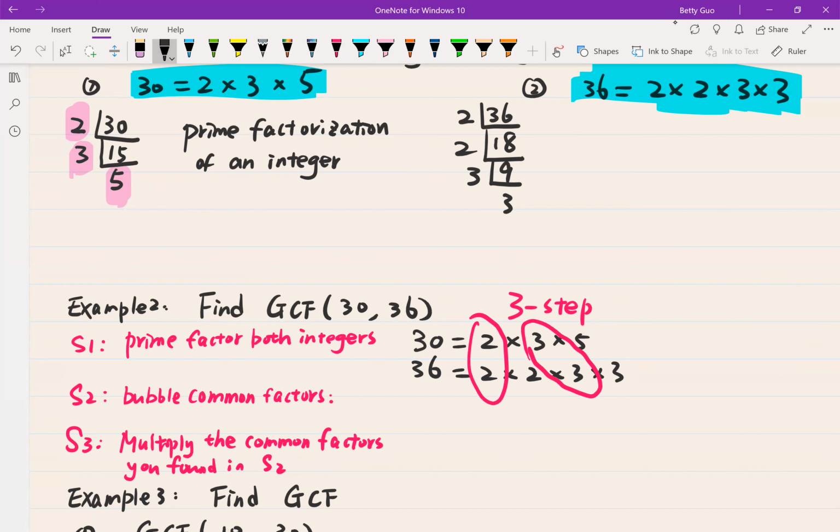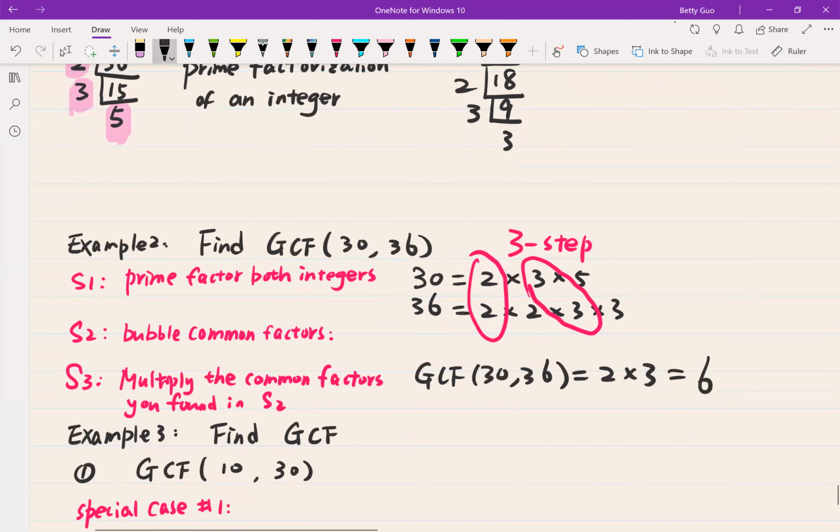So you can make a conclusion. GCF of 30 and 36 equals 2 times 3. 2 is in the first bubble. 3 is in the second bubble, right? Those are the two common factors you found for the two integers, 30 and 36. You multiply them together, you got 6. So that's how we find the GCF for two given integers.